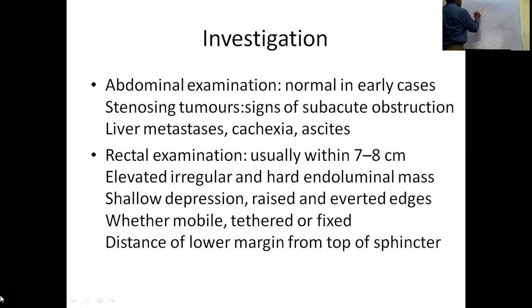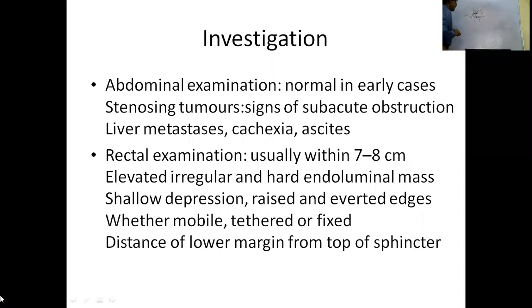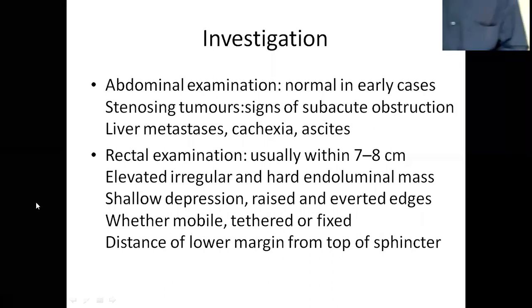Suppose this is the lower margin of the ulcer. How much is the distance? Because for you to resect the tumor without a positive margin, you should go down at least 2 centimeters, and another 2 centimeters. So total it should be 4 centimeters for ideal resection. So that is important. Lower margin from the top of the sphincter is important.